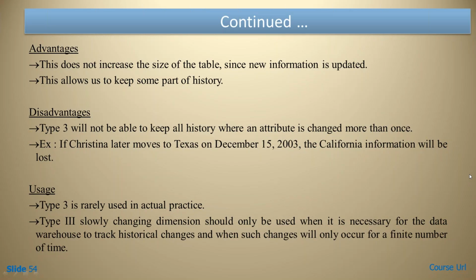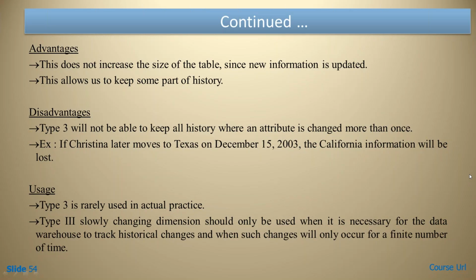Why widely used? Because it maintains the historical data also, sir. Because easily, historical data will be there, then easily all the information we can gather and come up with some conclusion. So widely used is SCD type 2, and SCD type 1 and 3 will be used less.